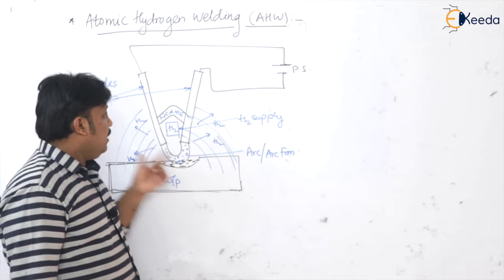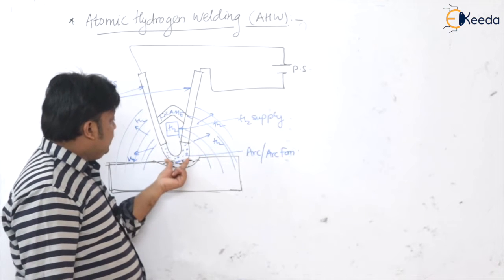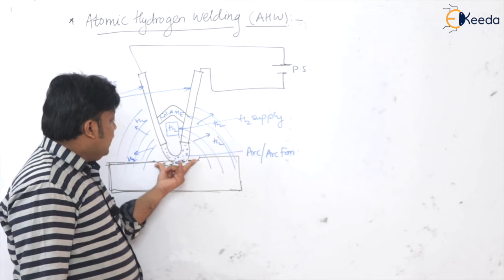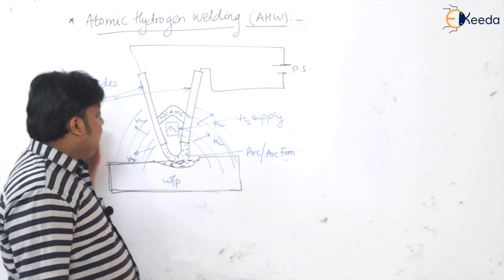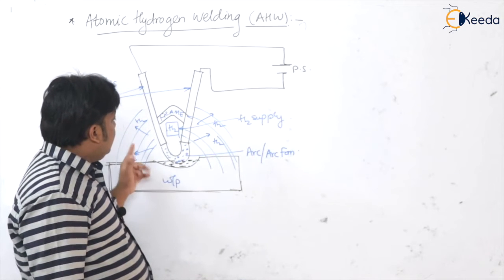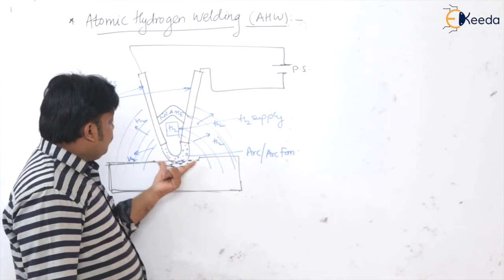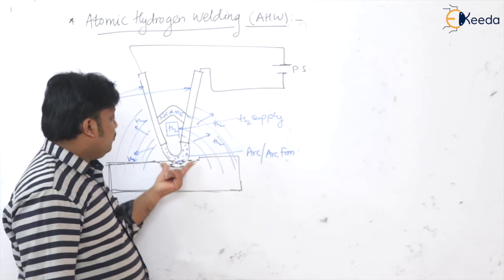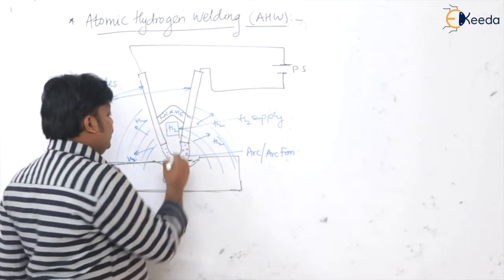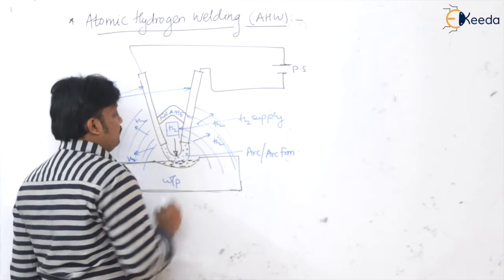With the help of this arc, we melt the material, and because of this high temperature, we supply hydrogen into the arc flame.